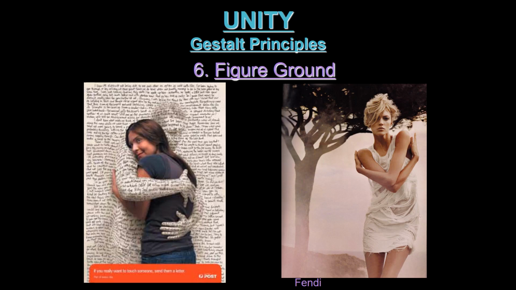Her arms are bent like the branches of a tree. Her hair is windswept like the leaves in those branches. And then once again, even all that texture that you can see on her garment kind of mimics this idea of the tree trunk's bark, or sort of textured surface.